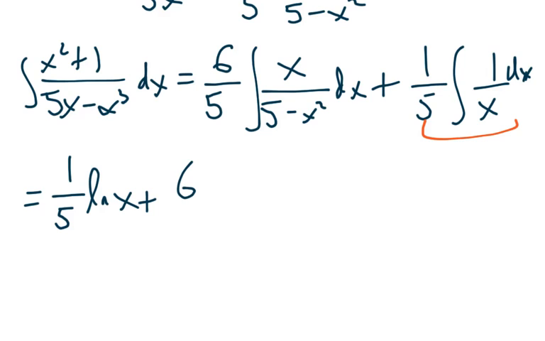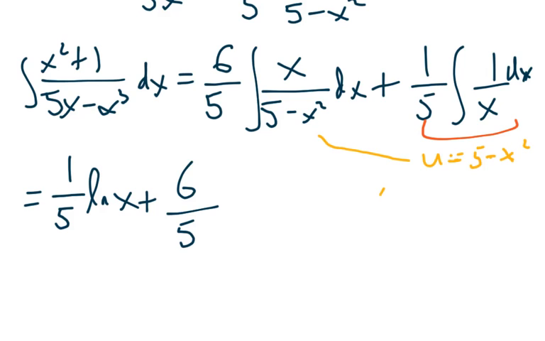Now this other integral can be a little bit trickier. For this integral, let's try u equals 5 minus x squared. We do this because you always want to get the denominator looking nice.